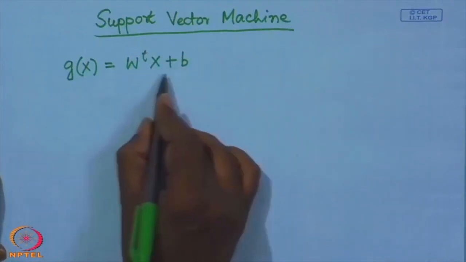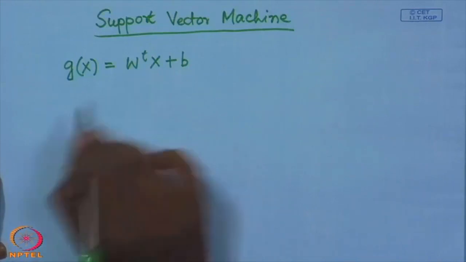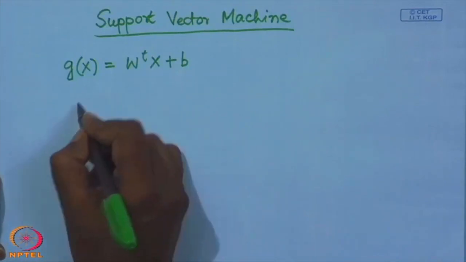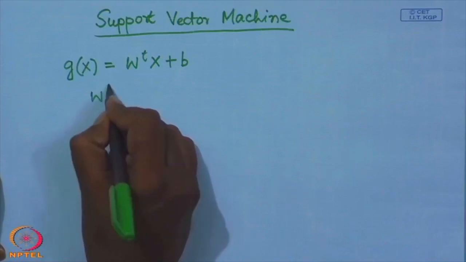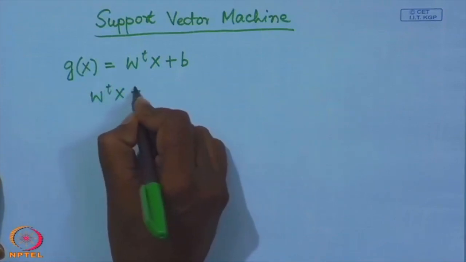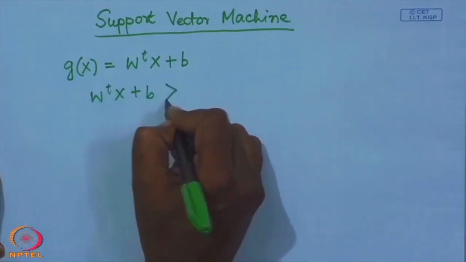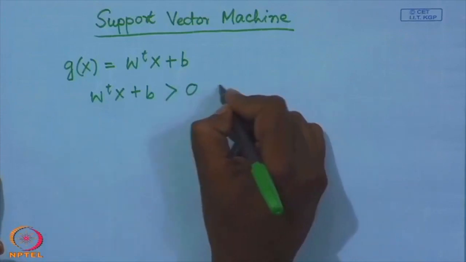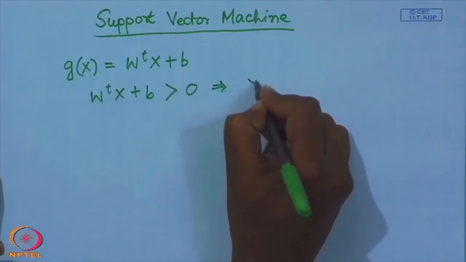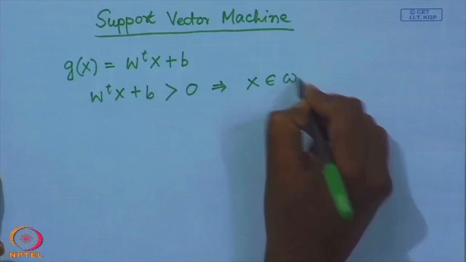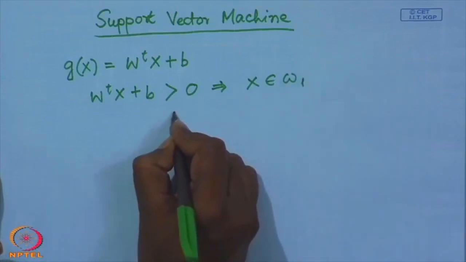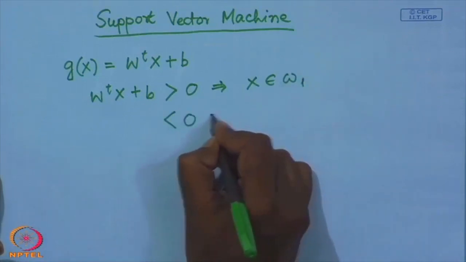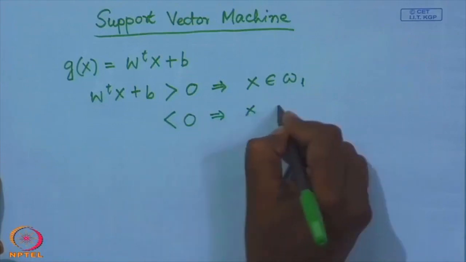And we have said in the case of linear discriminator that if this g of x, or w transpose x plus b, is greater than 0, that indicates the feature vector x belongs to class omega 1, and if this is less than 0, then the feature vector x belongs to class omega 2.